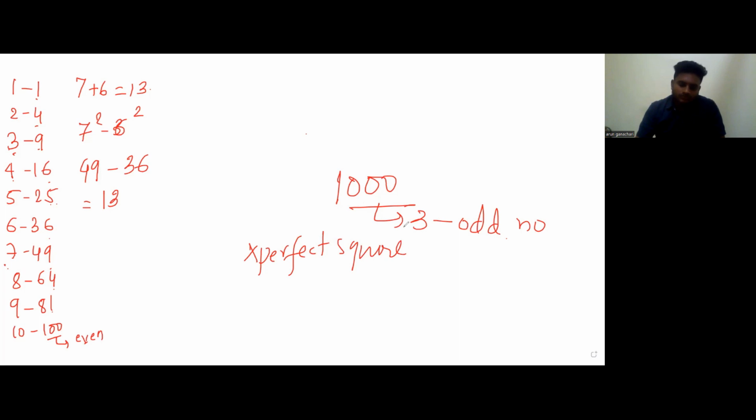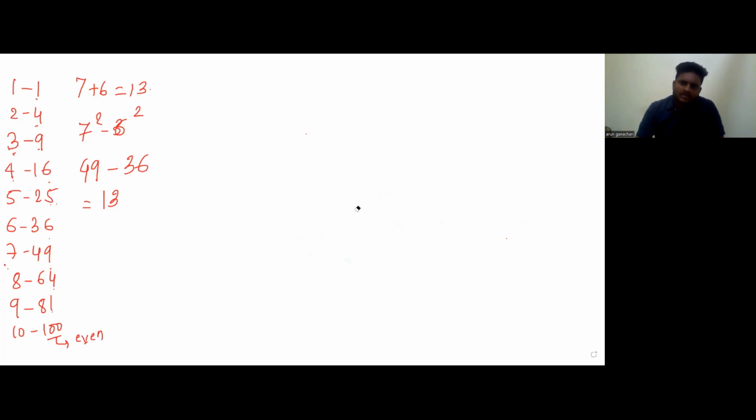Okay, now write down the heading. I'll tell you how to find the square of any number using shortcuts. Let us say you are finding the square of a number. How will you find it? What is 13 square? 169.